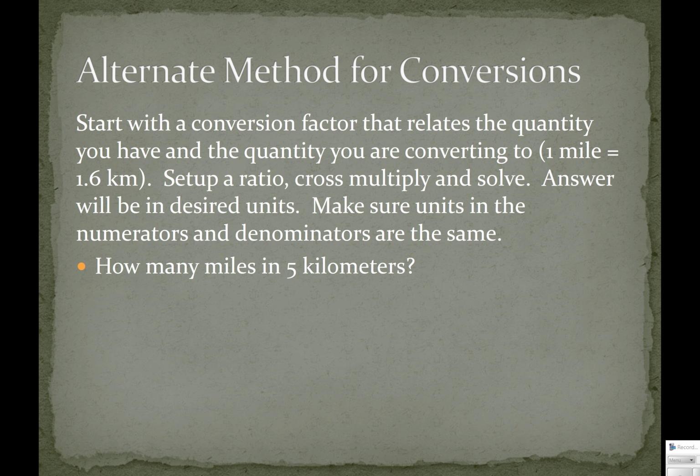Now I also, and you'll see me use this in class occasionally, we'll use an alternate method for conversions, and I like to call this the ratio method. And this will be more used for, it can be used for metric conversions, but I like it for non-metric conversions as well. And this method also is going to require you to develop or come up with a conversion factor that's going to relate the quantity that we have and the quantity that we want.